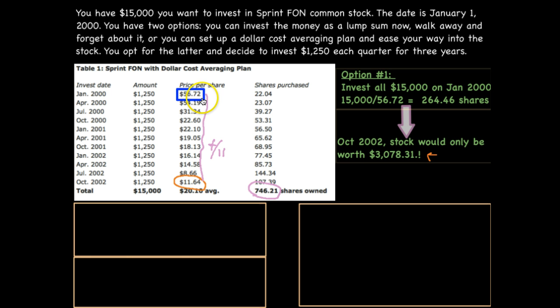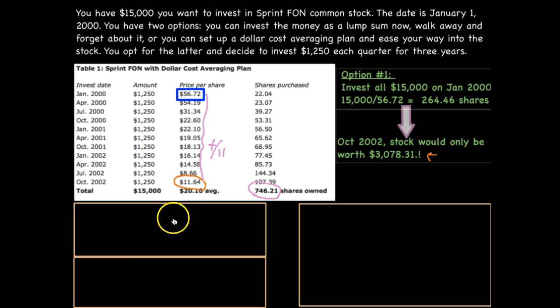Earlier, we were paying $56 per share, and then you can see down here, we actually paid $8 per share in July of 2002, and 11 and 14 here. So dollar cost averaging does just that. It averages out what we pay per share. It helps us because sometimes we're buying shares at a very high price, so we're not getting many shares, but then other times we're buying shares at a very low price, so we're buying a lot more shares.